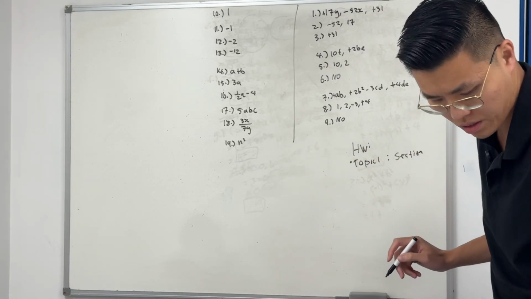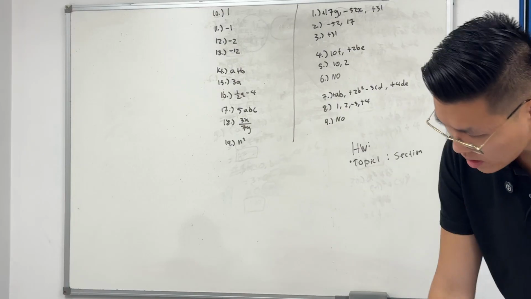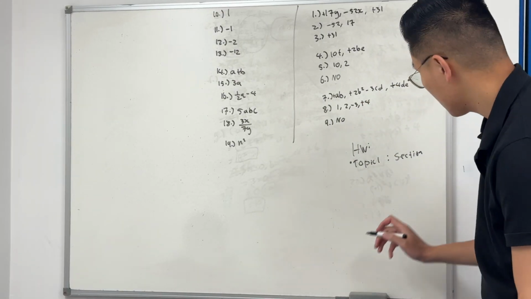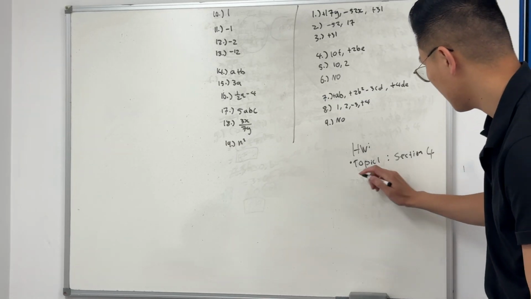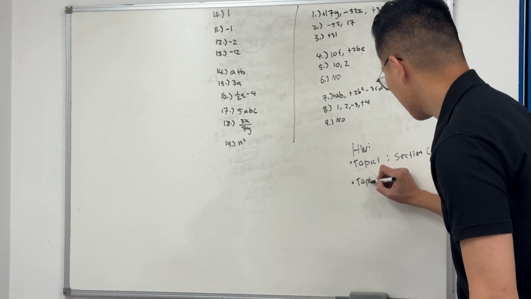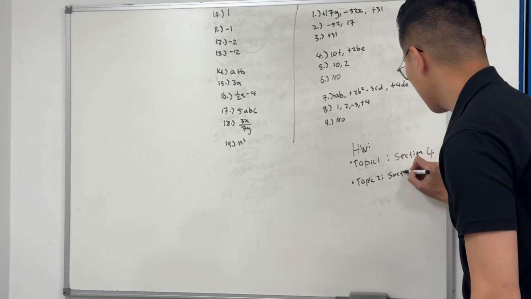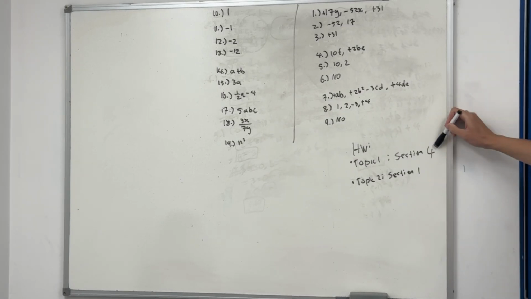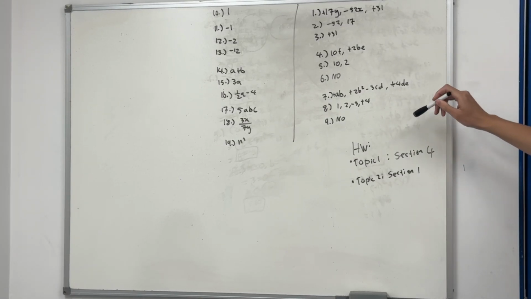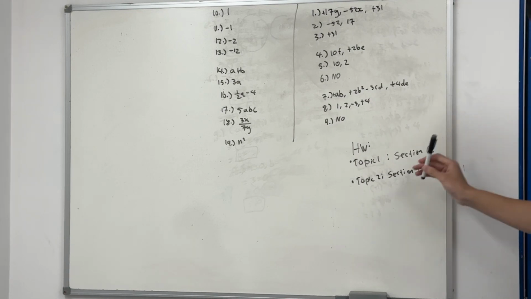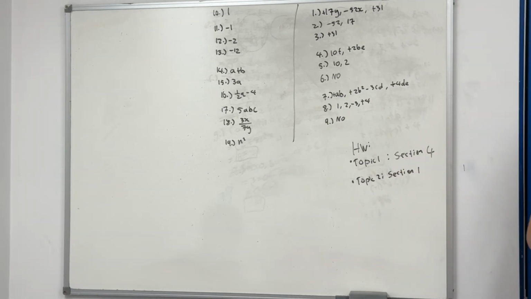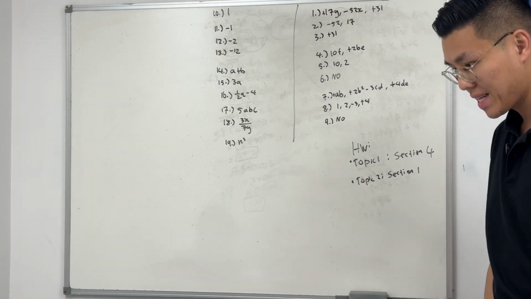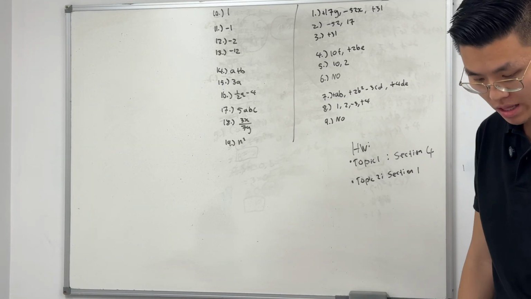What was the last section of topic 2? Section 4. Okay, write down your homework, please. For topic 1, which we finished off today, section 4. And for topic 2, section 1. Basically whatever we did in class today. Write that down somewhere on your paper and show me that you've written it down.